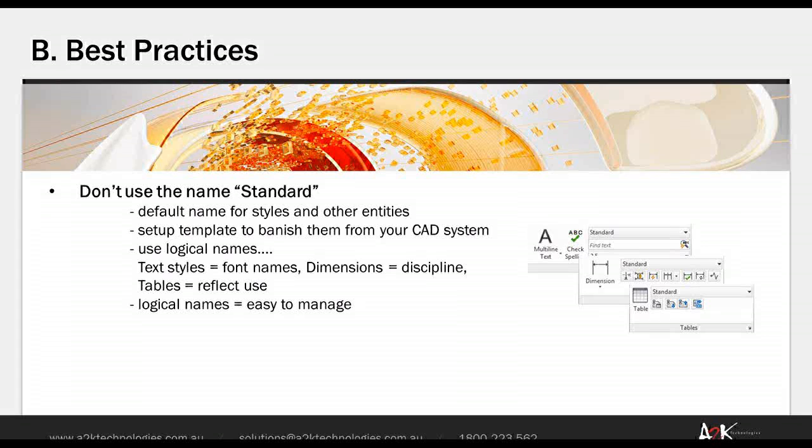Another big one, don't use the name Standard. That applies to all styles that exist in AutoCAD. My graphic there shows text, dimensions, and tables as an example. AutoCAD uses the name Standard in a template file for the default template that they would assign.